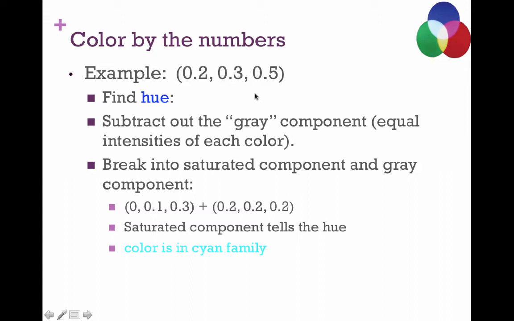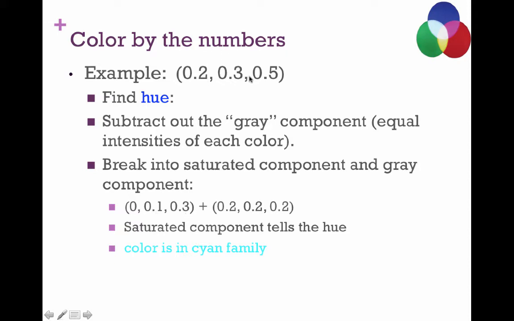You can just kind of look at it and figure it out, but an easy way to do it mathematically is to pull out the gray component, subtract out the smallest component. So here 0.2, 0.2, 0.2 is the smallest component. And then we have 0, 0.1, 0.3 left. What's left here is 0 red, 0.1 green, 0.3 blue, which is in the cyan family.